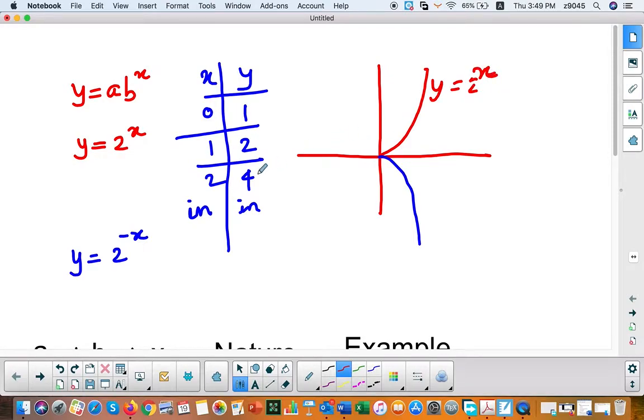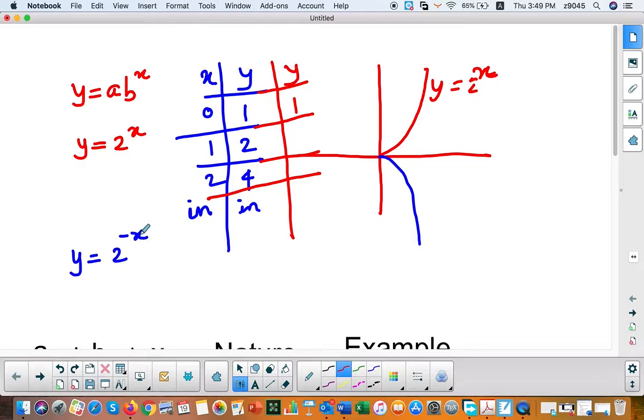Similarly, if I want to draw a graph of, say, y equals 2 to the power minus x, then I need the values of y corresponding to different values of x. When x is 0, the value of y is 2 to the power minus 0, which is 1 again. This is y for the second graph.